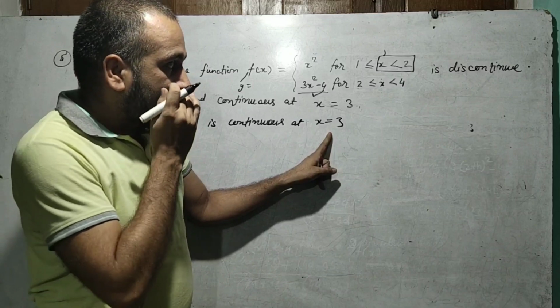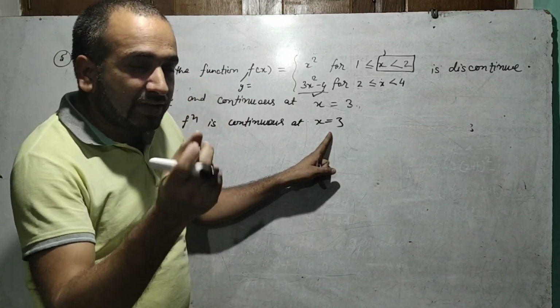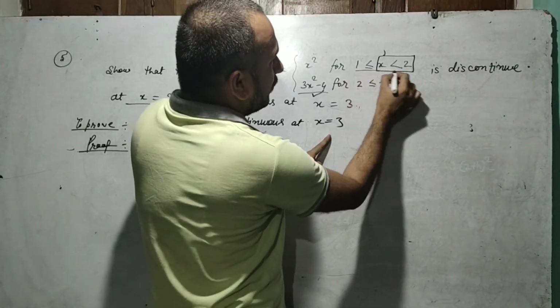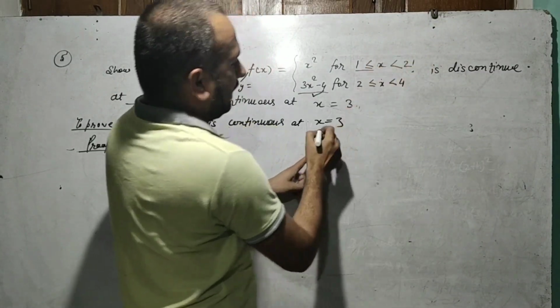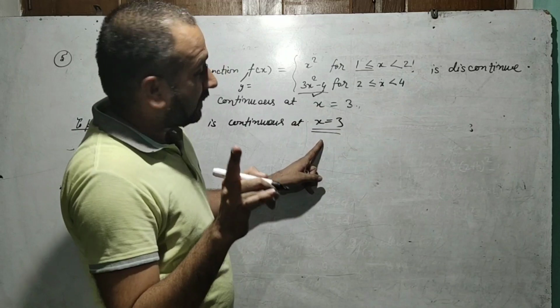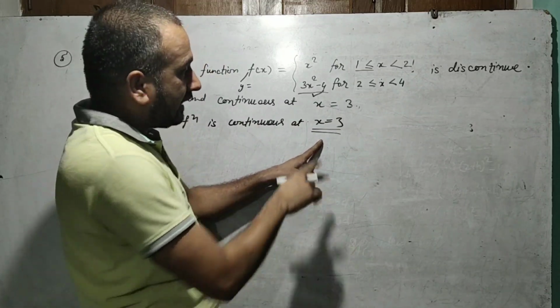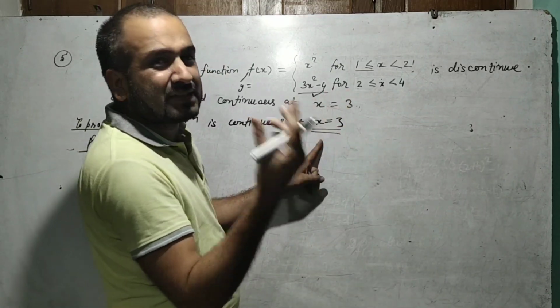Listen students, you should understand the intervals here. We are proving the function is continuous at x is equal to 3. So let's see where x belongs.